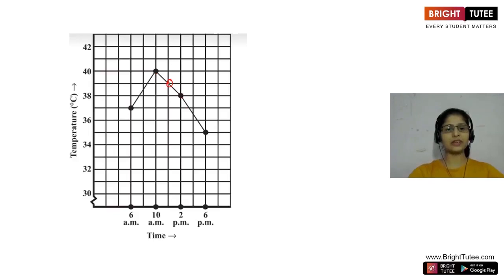So the temperature is between 38 to 40, right? We can say that. Or also we can say that between 2 to 6 the temperature is not given, but we can say the temperature is around which value from this graph, right? So this gives us more clarity about the data, about the information.